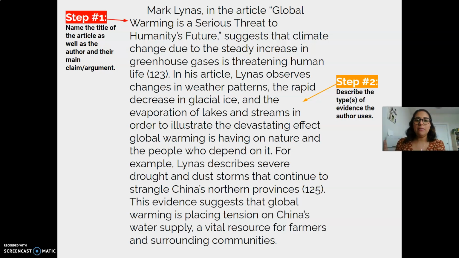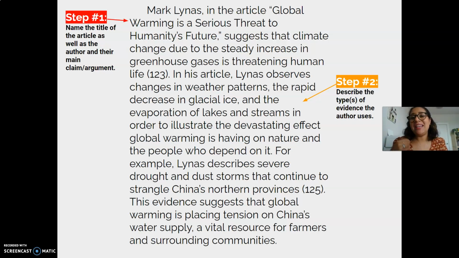Okay, so that's naming the type of evidence, Linus's observations, and now it's naming why the author uses it. So in order to, that's a really key transition word phrase to show relationship between ideas. So this type of evidence that Linus uses has the effect of illustrating the devastating effect global warming is having on nature and the people who depend on it, right?